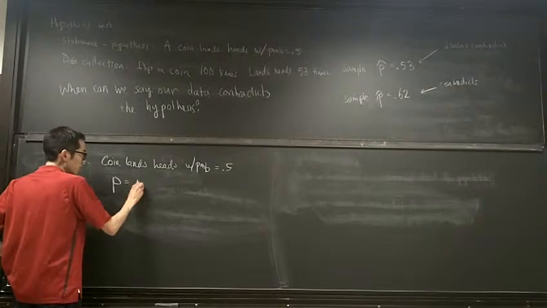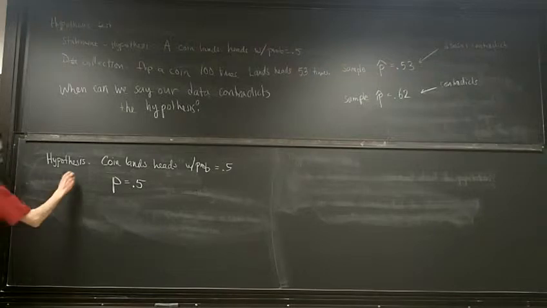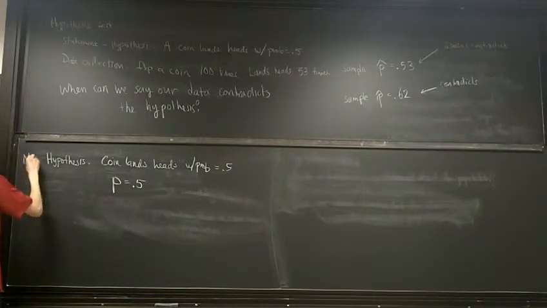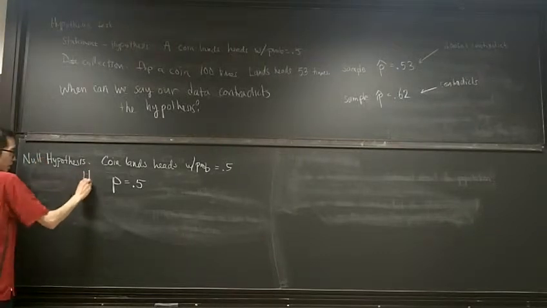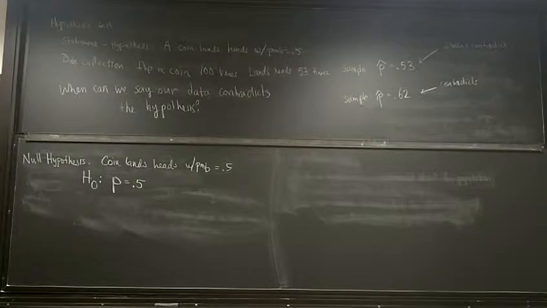I'm going to just write P is equal to 0.5. So this is what we call the null hypothesis, or we call this H0. H0 is that P is equal to 0.5.